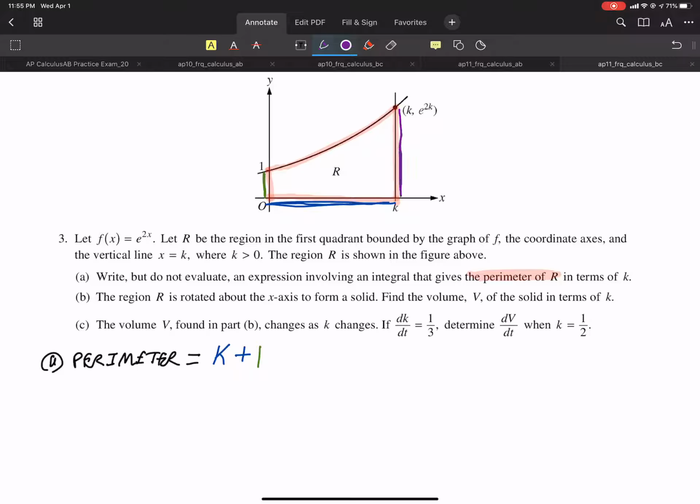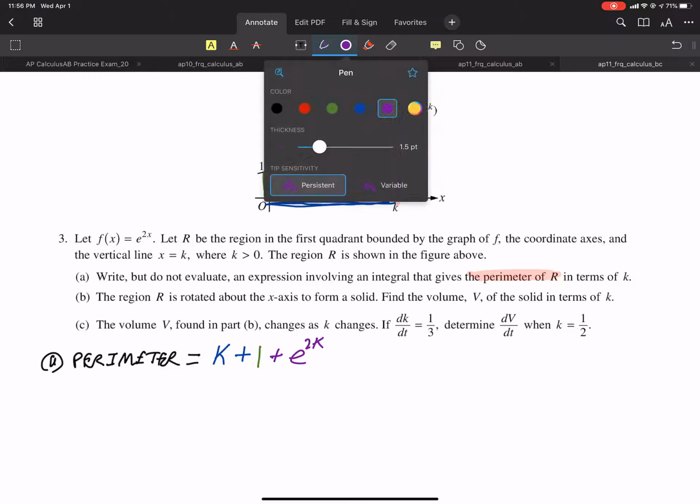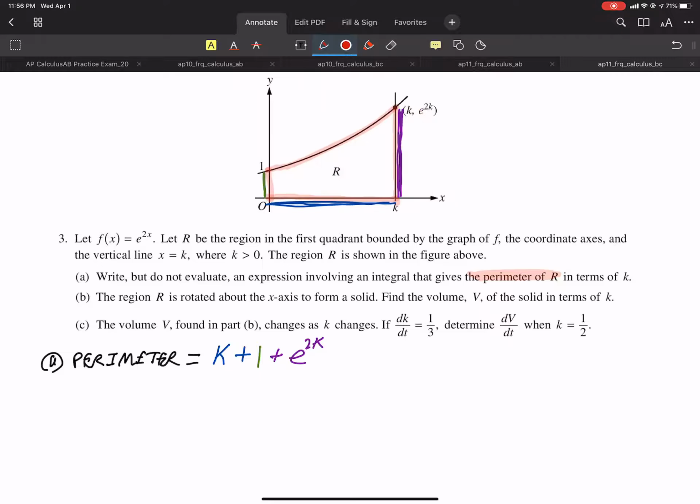And this distance, that's simply e to the 2k. Now, the fun one. What's that distance?